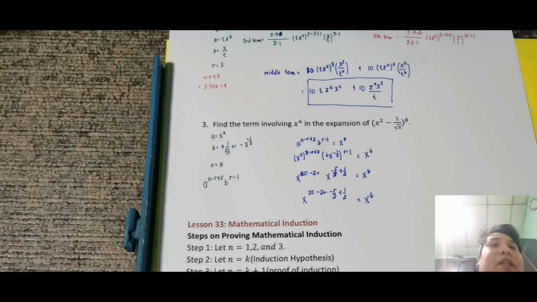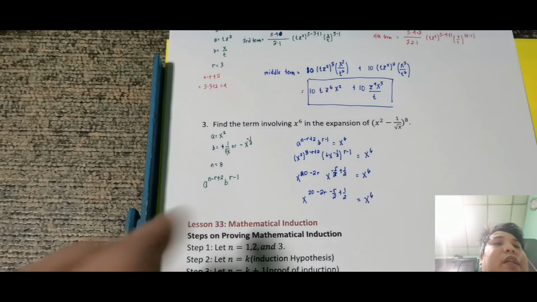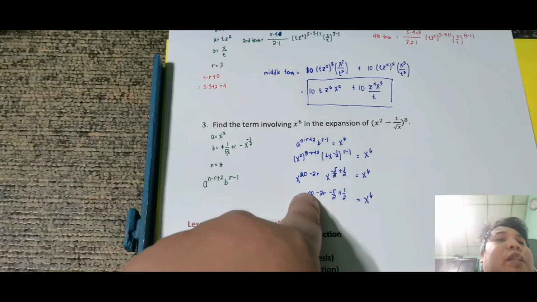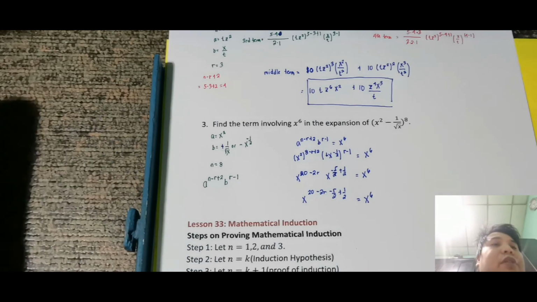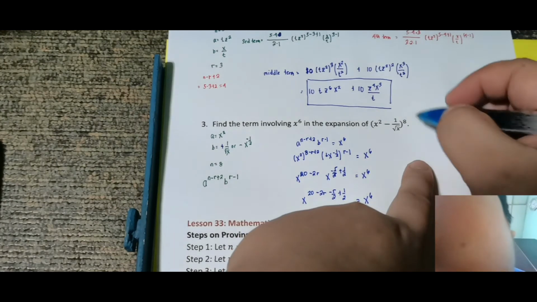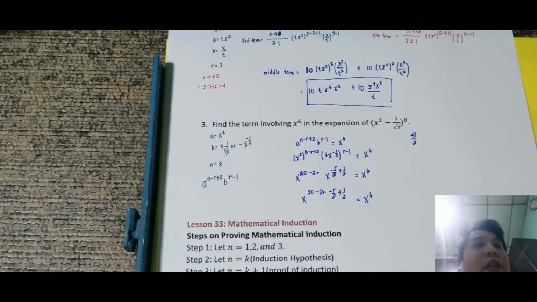Pero mamaya sa substitute pa rin natin yan. So ang mangyari, parehas na sila ng base. So this is 20 plus 1 half. Ilan yun? That is 41 over 2. Okay, so equate ko yung base. This is 41 over 2. Then negative 2r minus r. Negative 2 minus 1 half pala. Minus 1 half r.